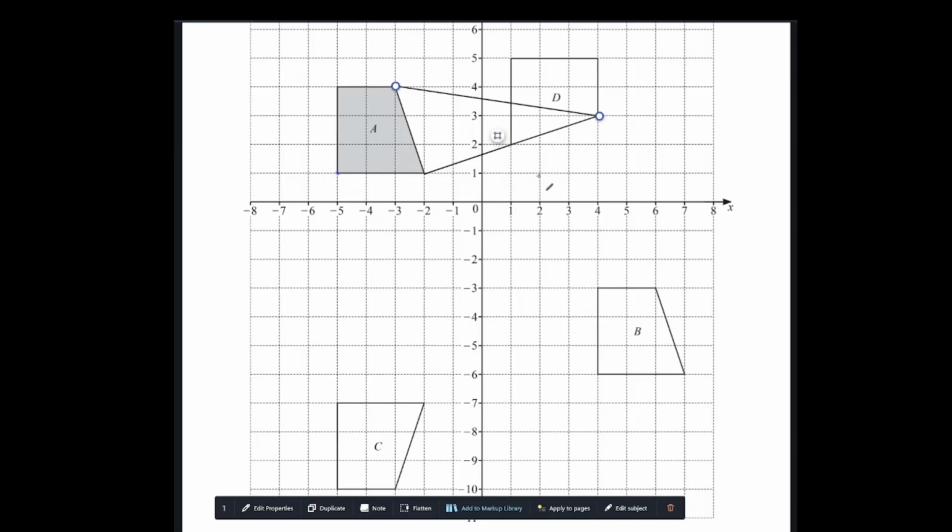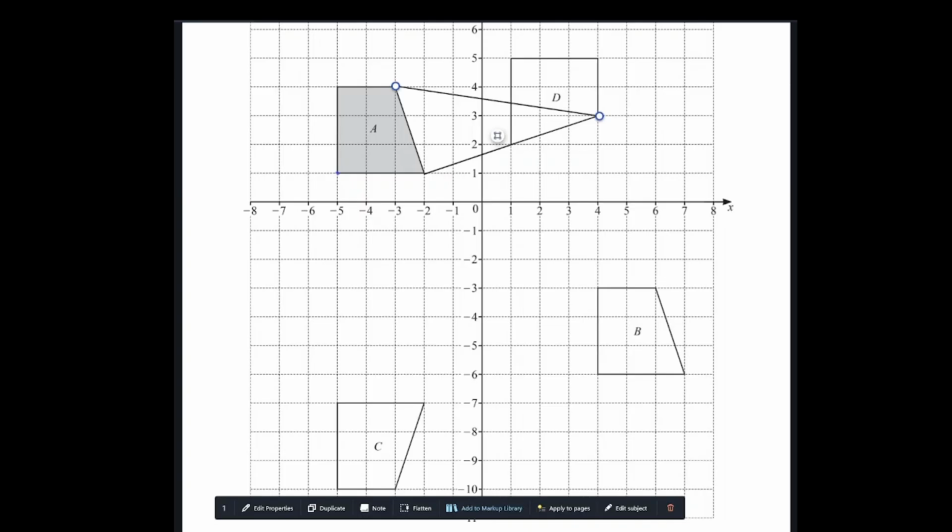For that I have made a separate video, not for this exact question but for some other question, and you can find out how to find the center of rotation for any two given figures. If you want me to make one for the exact question, please do comment. This is the procedure to find the center.